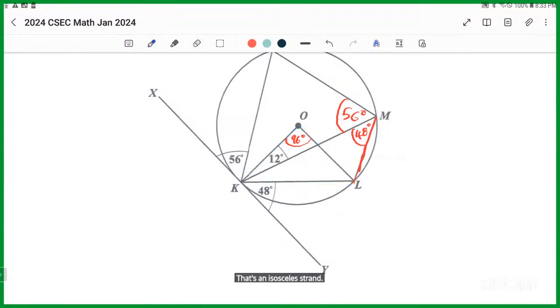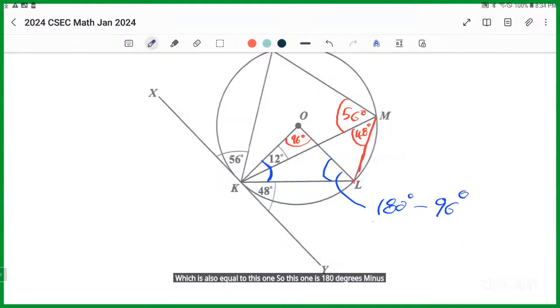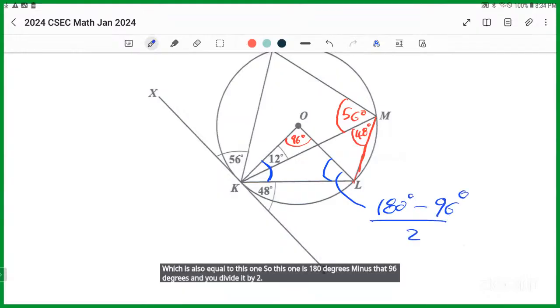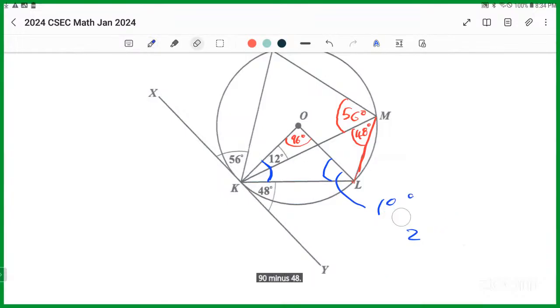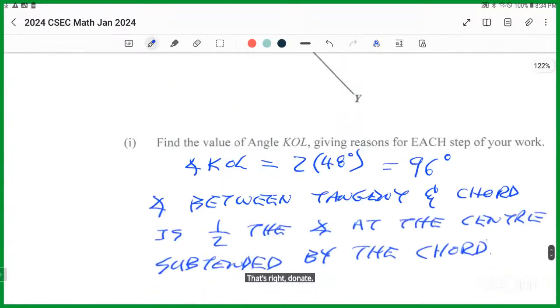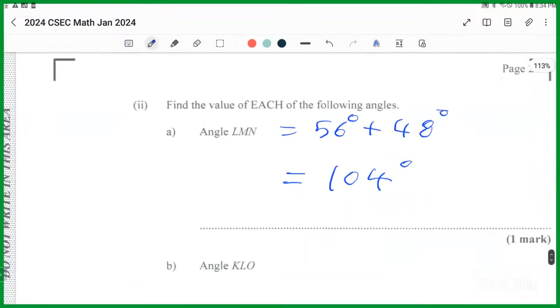And they're asking us for this one, which is also equal to this one. So this one is 180 degrees minus that 96 degrees, and you divide that by 2. So it becomes 90 minus 48. All right? Just write it down here. So it becomes 180, and that's the only way to do it.